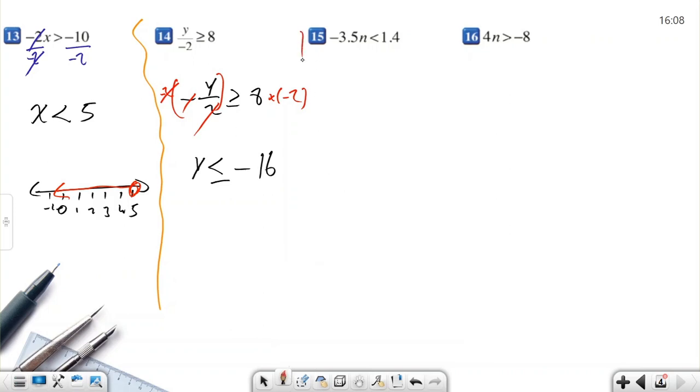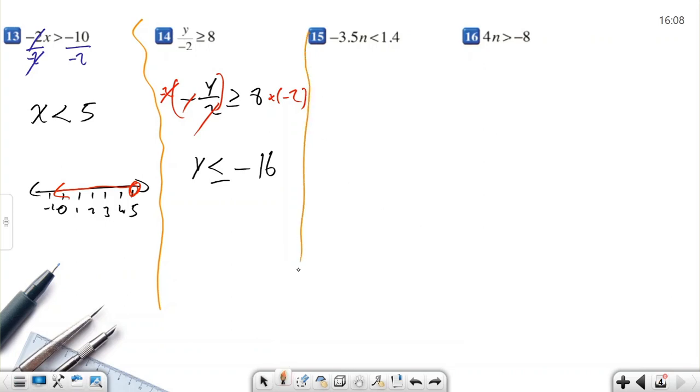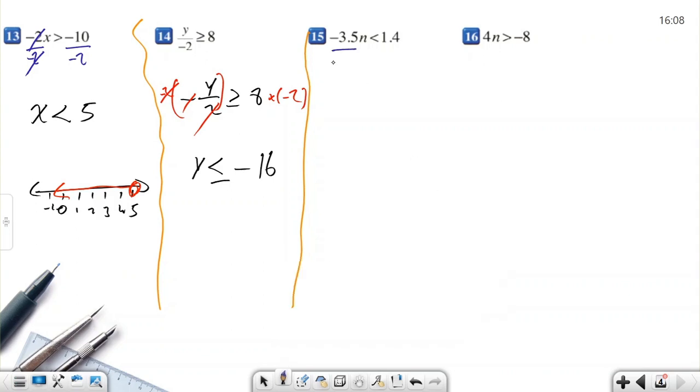Two more examples and this will be the end of the video. Let's continue from example 15. Negative 3.5 n less than 1.4. So I need to divide both sides by negative 3.5.